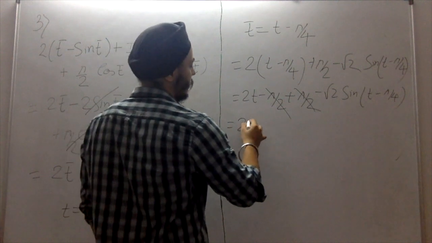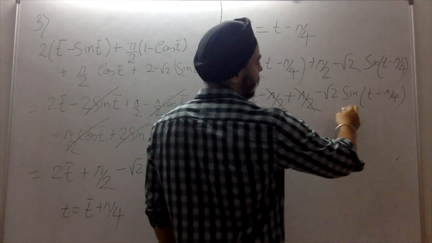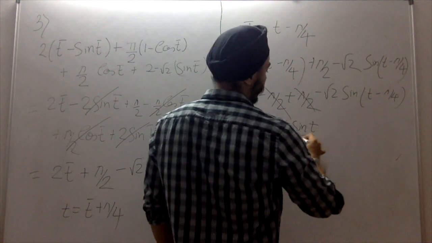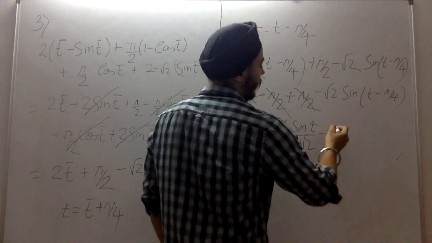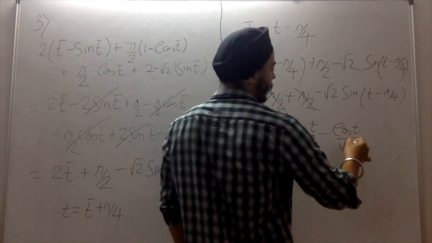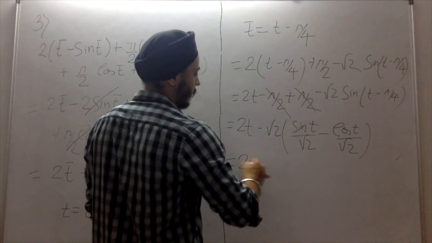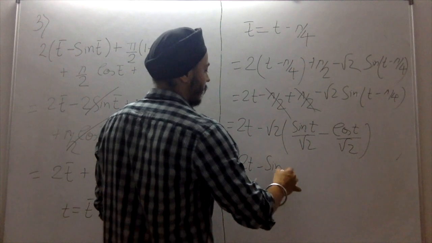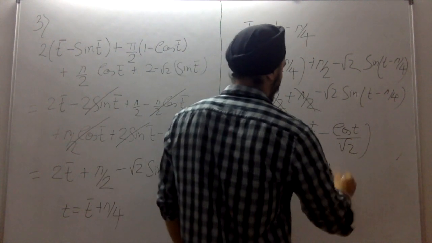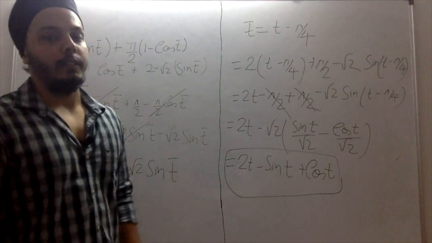Which will be equal to 2t minus root 2 times, using sin a minus b, sin t cos pi by 4, which is 1 by root 2, minus cos t sin pi by 4, which is 1 by root 2. So this will give us 2t minus sin t plus cos t. This will be our final result.